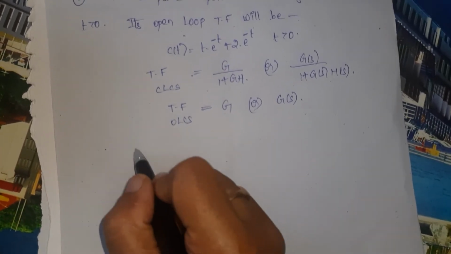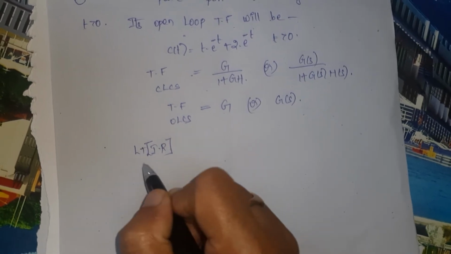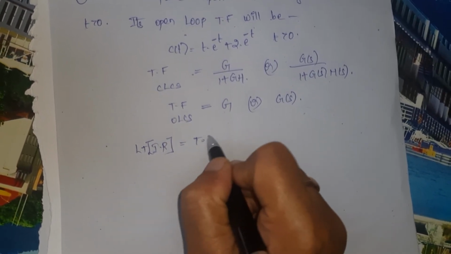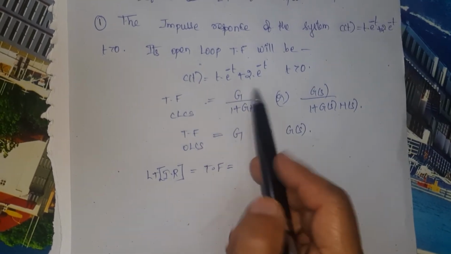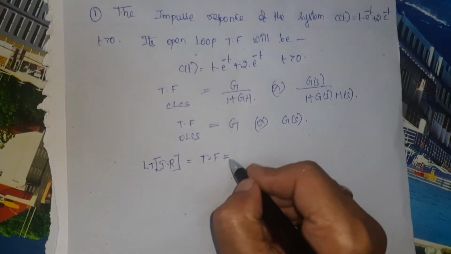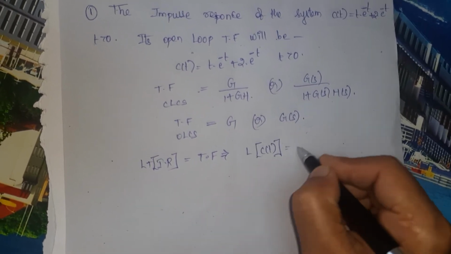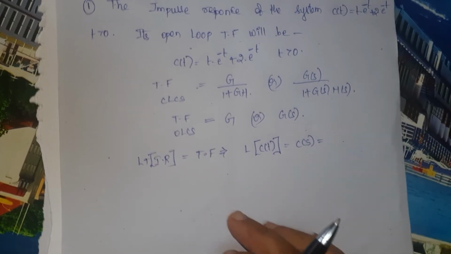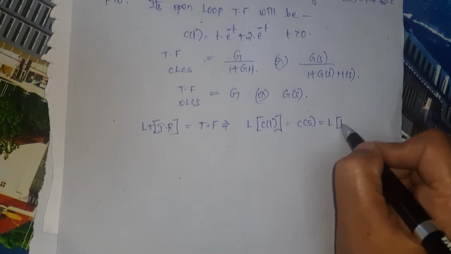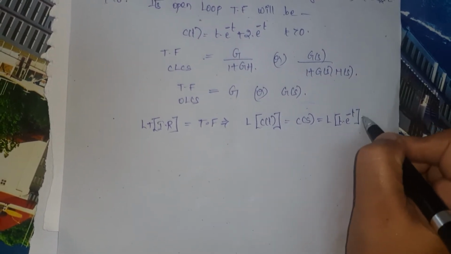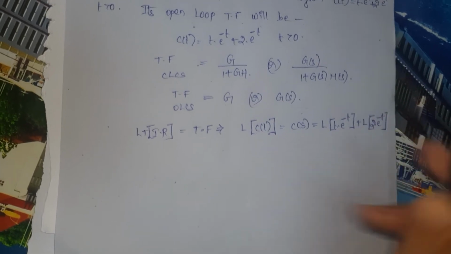So here the Laplace transform of the impulse response will give us the transfer function. Here he has given the impulse response, this one. So the Laplace transform of c of t will give us C of s. Find the Laplace transform of t into e power minus t plus the Laplace transform of 2 into e power minus t.